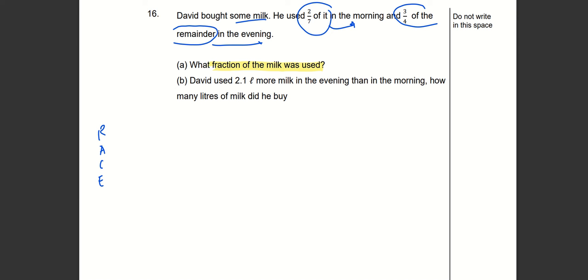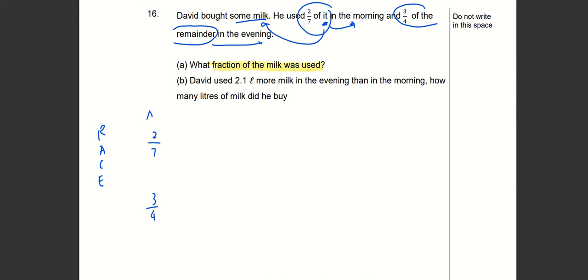Now, the first fraction given in the question was 2/7, and the next fraction given was 3/4. The first fraction says 2/7 of it. What does it represent? It represents the milk, all of the milk.